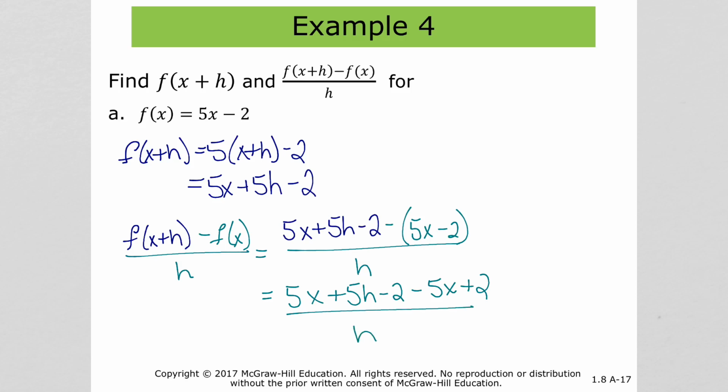Notice something here. 5x minus 5x, it goes away. Negative 2 plus 2, it goes away. And we're just left with 5h over h. And then the h's cancel. So we're just left with 5. And that's how you plug in for the difference quotient.